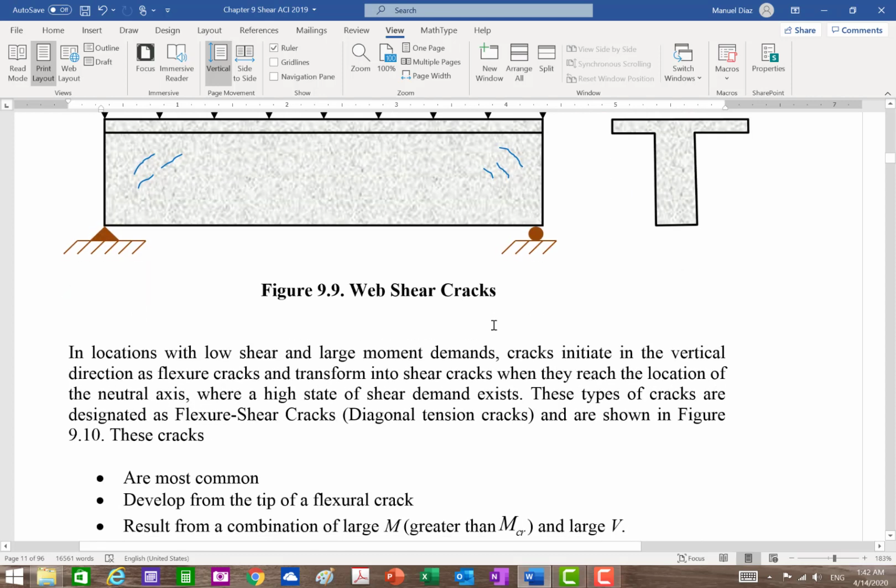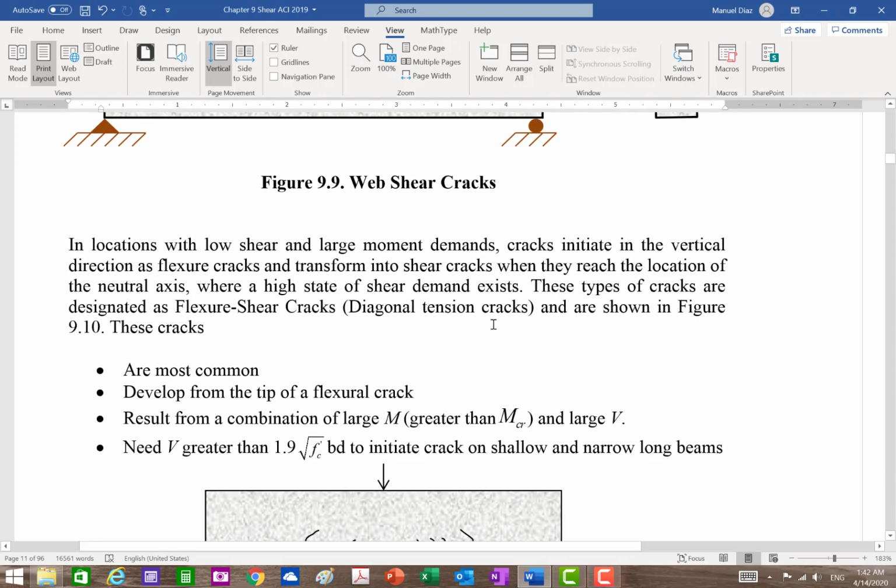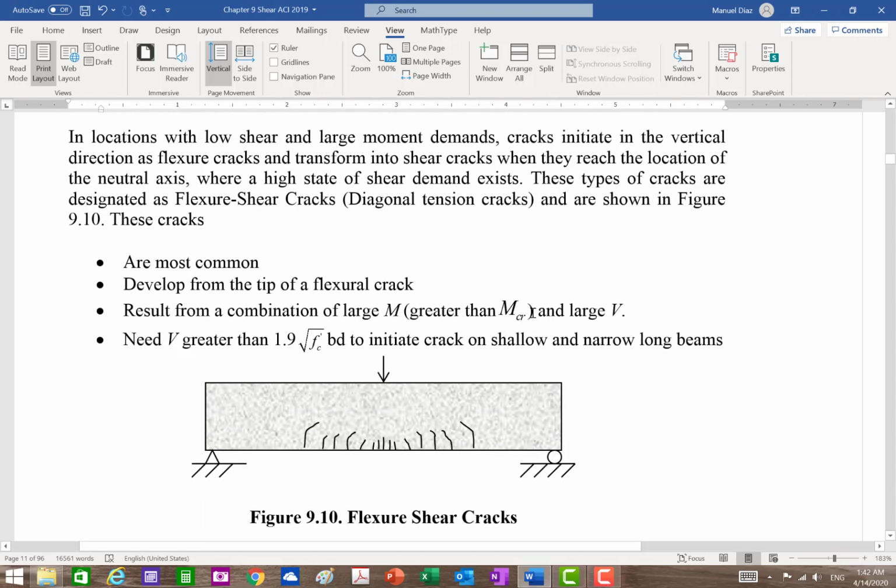Okay. Now in other cases where you have large moment but low shear, what you develop is the flexure shear cracks. Okay? They're called flexure shear because they start as a flexure crack, vertical, because your tensile stresses are horizontal, so your crack has to be vertical. And then as you move up, these cracks start turning to get to the 45 degrees. Okay, so that's what they call flexure shear cracks, also diagonal tension cracks.